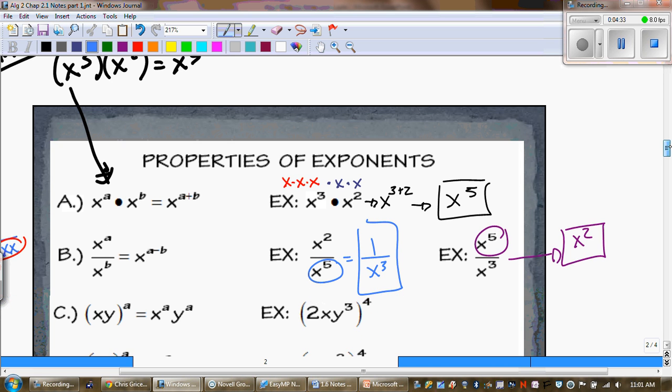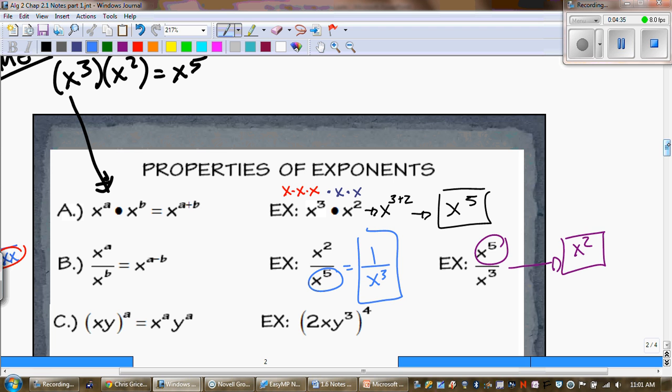All right, example C. What we have in example C is distribution, okay? We take the exponent from outside and multiply it by everything that's inside, okay? Before we do this, we want to know that that 2 and that x really have an exponent of 1, okay?